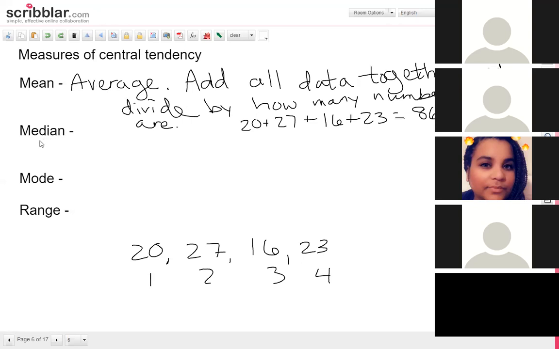The median is the middle number. So to find the middle number, you must put the numbers in order.